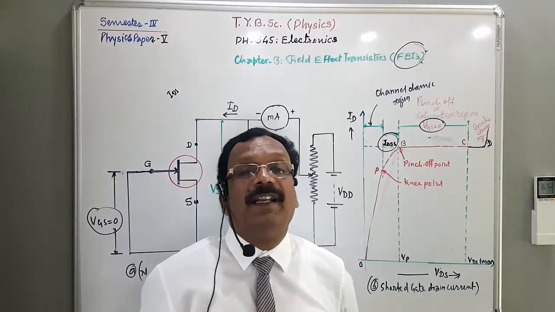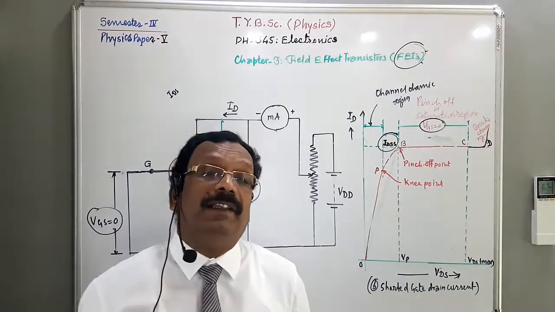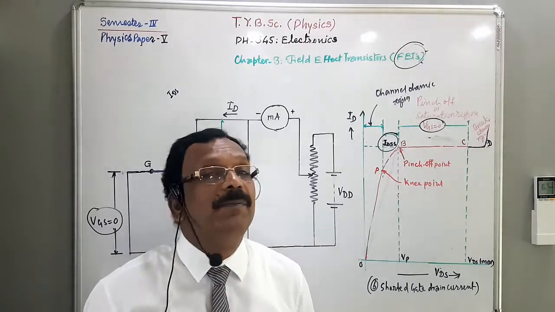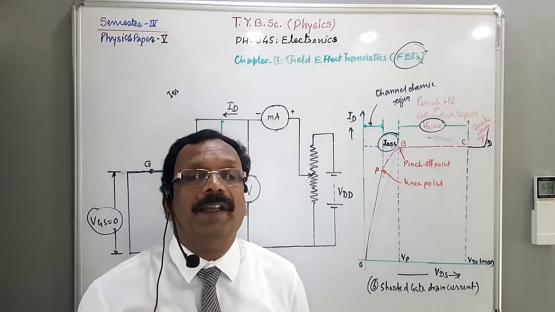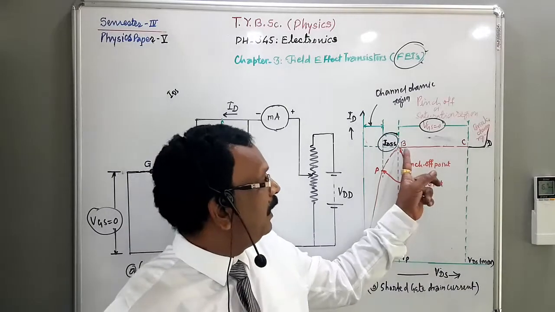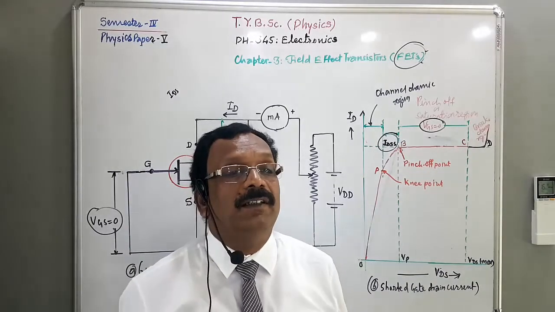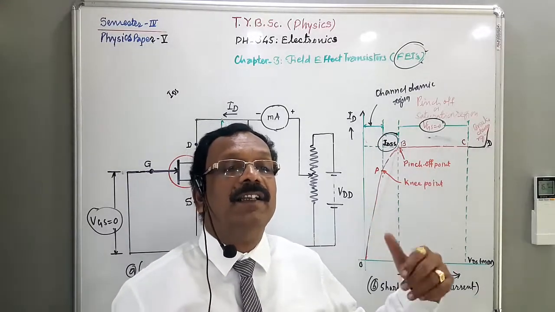At this point the drain current increases rapidly and the device may be destroyed. The normal operating region for JFET is only BC, and this is the characteristics in the pinch off region.